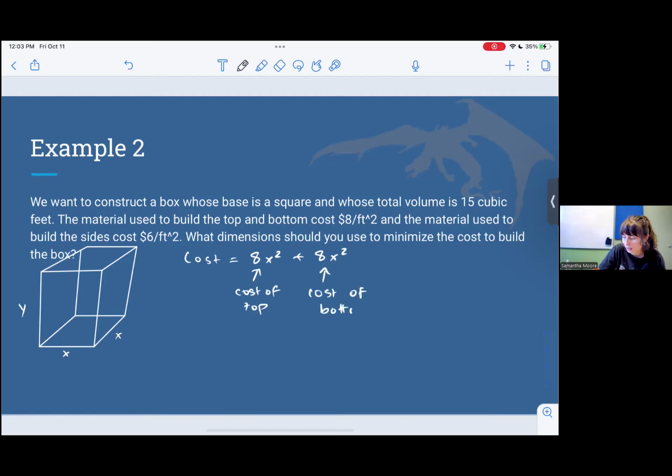And then we need to add in the cost of all of the vertical sides. Each of those is x by y, so each has an area of x times y. The cost for the material is $6 per square foot, so 6xy is the cost of each vertical side.